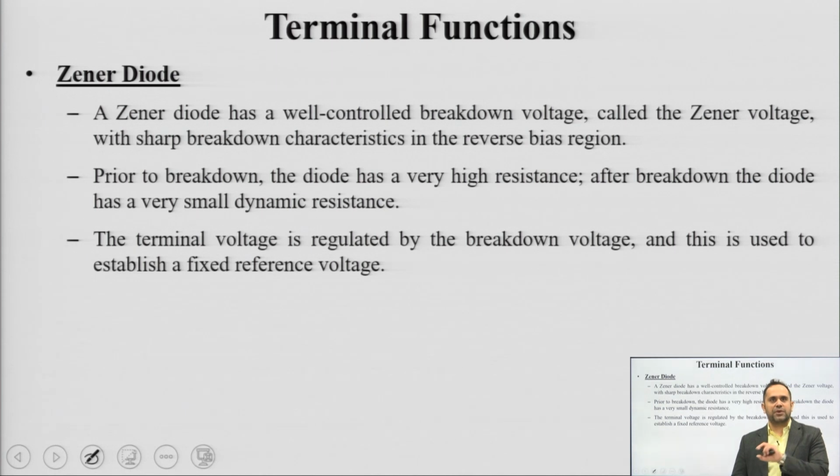Holes move from positive to negative, holes move from N to P in reverse bias. The direction of this electric field is from N to P as well. So, this electric field supports the minority charge carriers which constitute current during reverse bias, and since doping is very high, this electric field is very high.